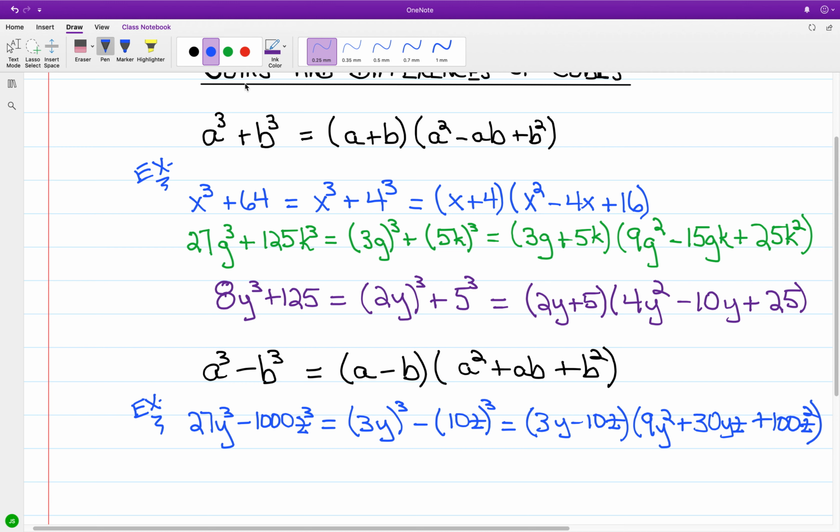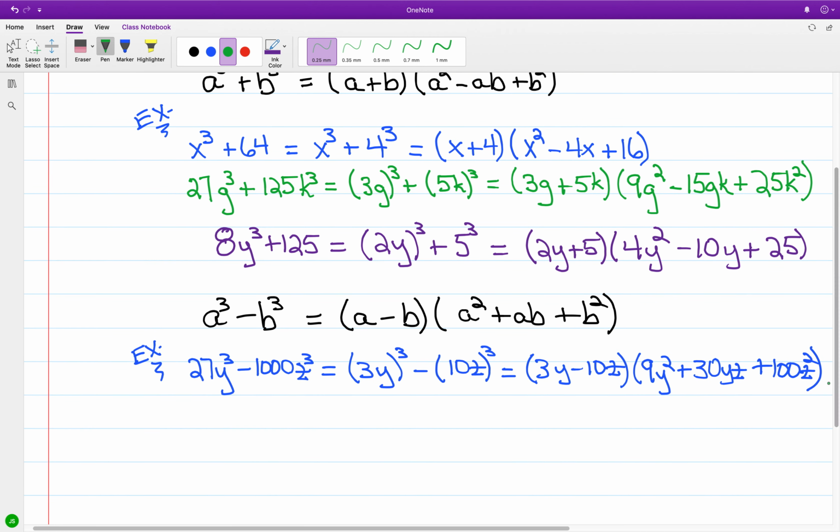As another instance of a difference of cubes, we'll go with 729x cubed minus 64w to the third.